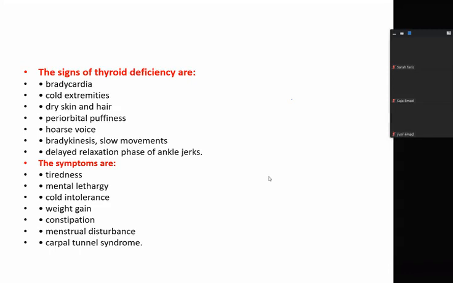Of course, weight gain in spite of low food consumption, constipation, menstrual disturbances, carpal tunnel syndrome. In hyperthyroidism, what will we have? Tachycardia, warm extremities, heat intolerance, sweaty, hot skin. Constipation becomes diarrhea, weight gain becomes weight loss and so on. Is that clear? Okay, Doctor.